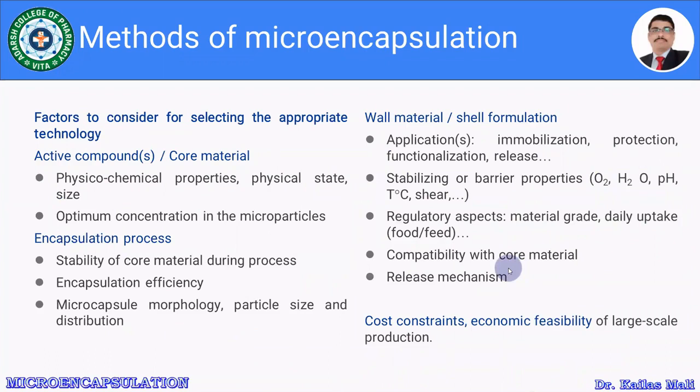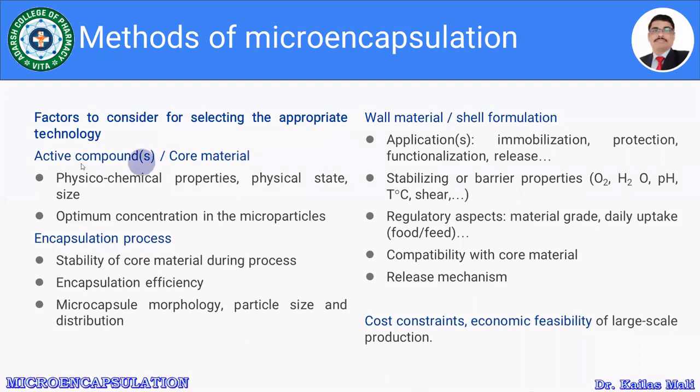Let us see the factors to be considered for selection of the appropriate technology or the appropriate method. Now we have discussed all the methods which are used to prepare the microencapsulated product, but there are certain factors which need to be considered while selecting the suitable method for the preparation of microencapsulated product.